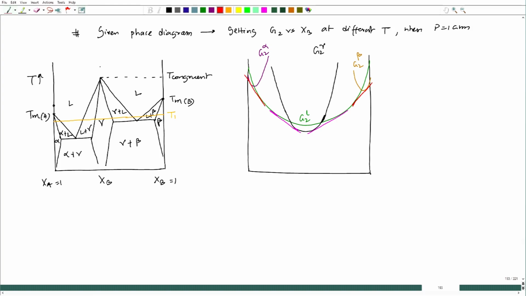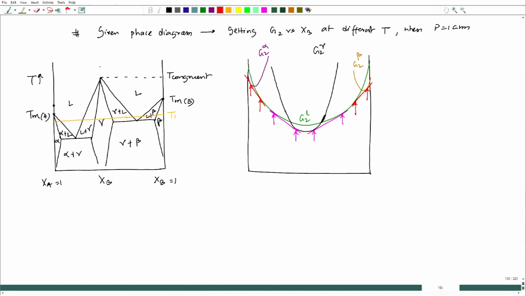Okay. So now I see the compositions. This is one composition, this is one, this is one. These are the compositions which are falling on common tangents, and there are 4 common tangents.